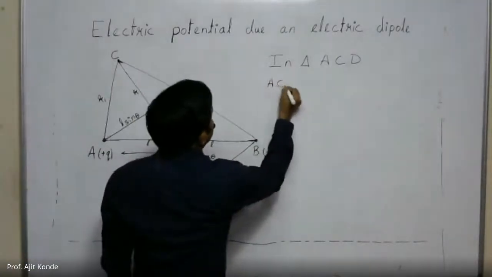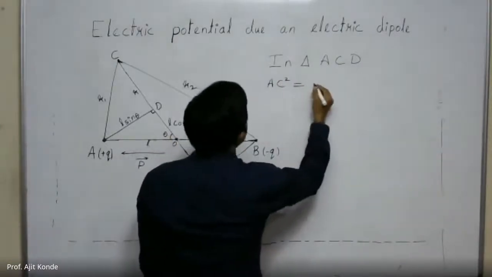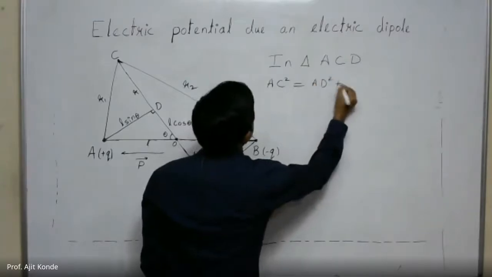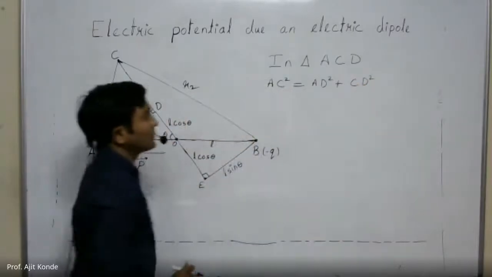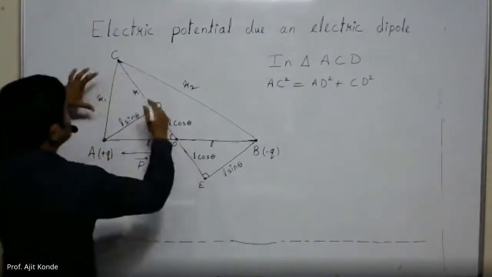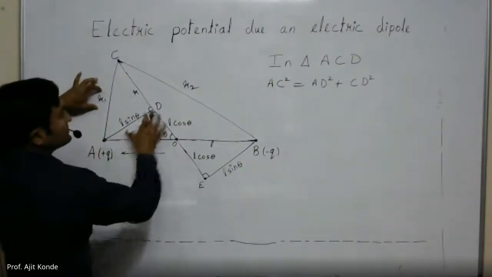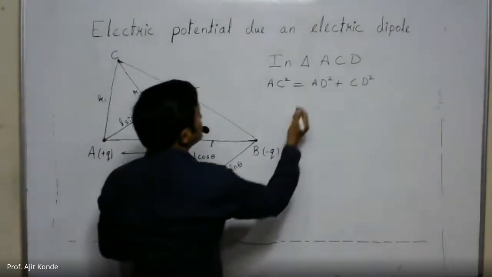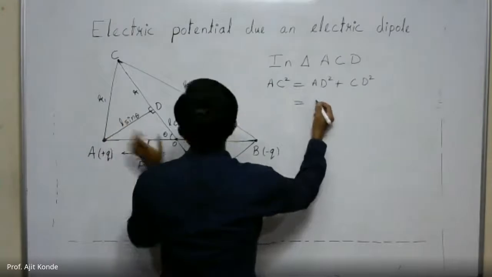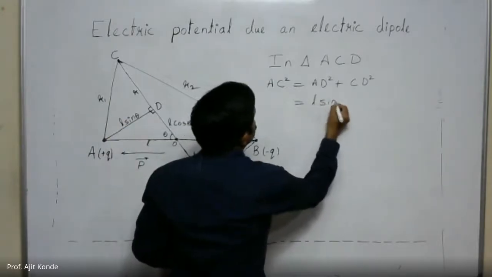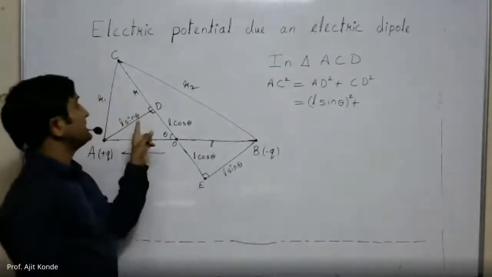That will be AC square is equal to AD square plus CD square. According to the Pythagoras, if this is perpendicular, this will be perpendicular, this will be hypotenuse. Square of this will be the square of this plus this one, which can be written as AD is L sine theta, square of it, plus what is CD?